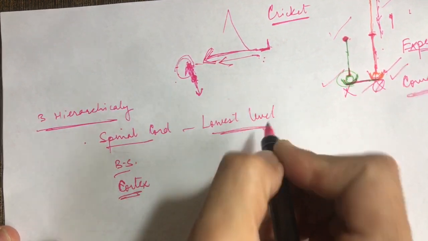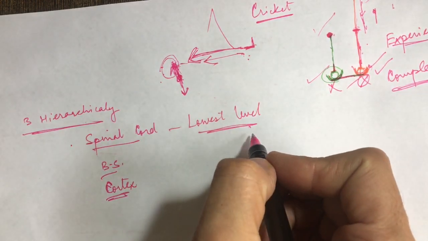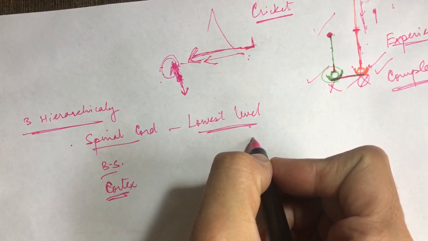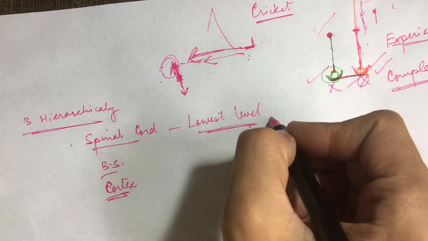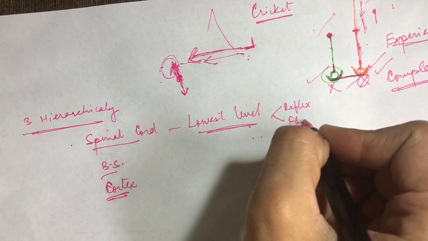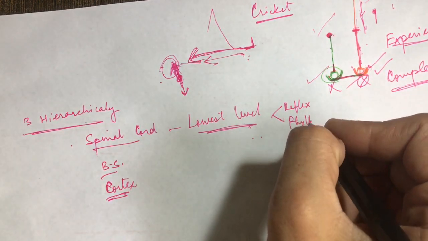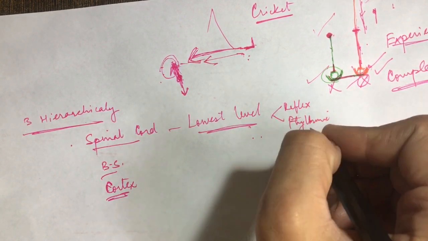and whatever the reflexes are happening, it contains the neural circuits that mediate a variety of reflexes as well as rhythmic movement, right? The locomotion, walking, scratching, all these things will happen with this one.